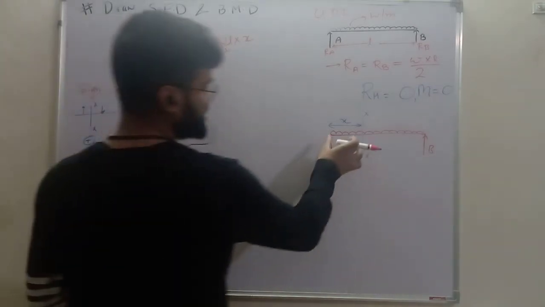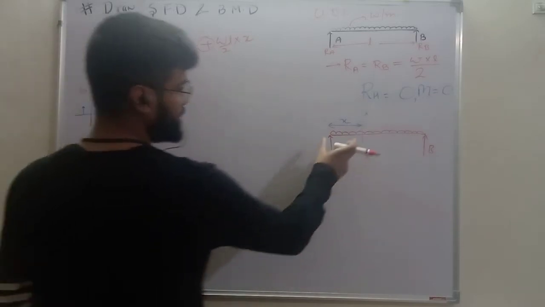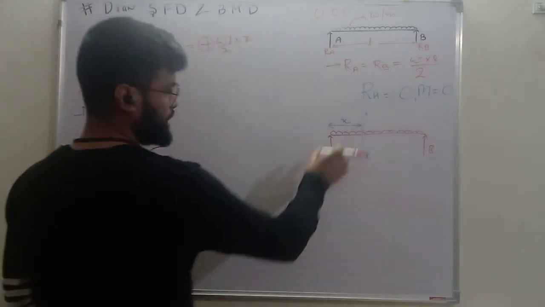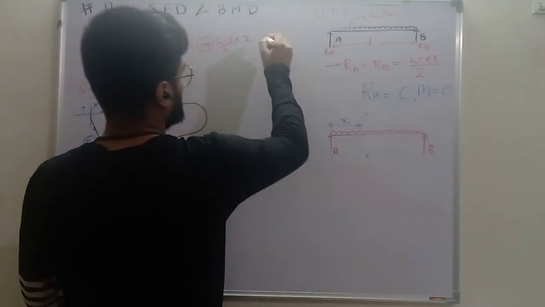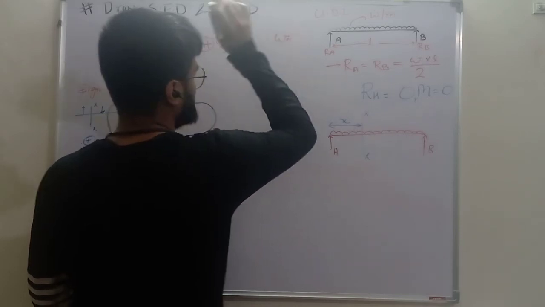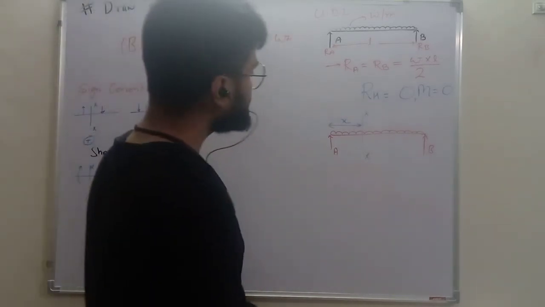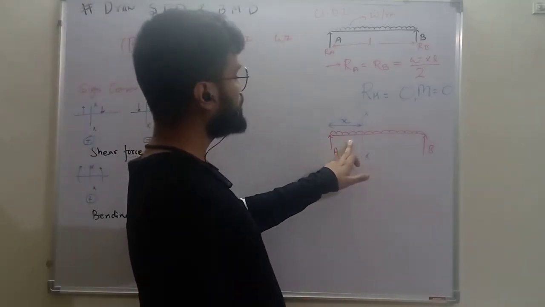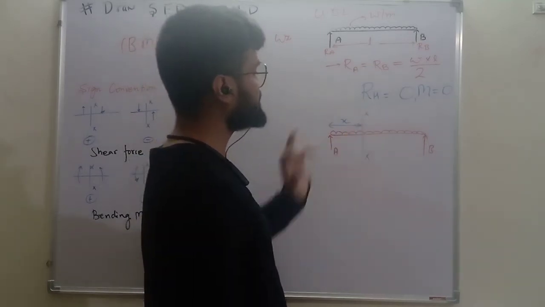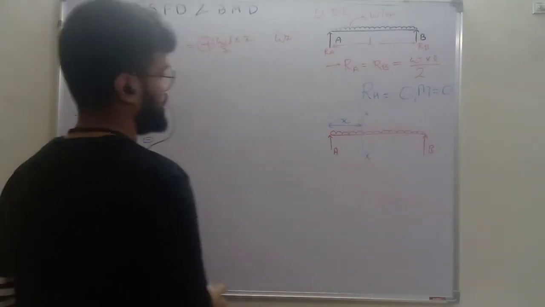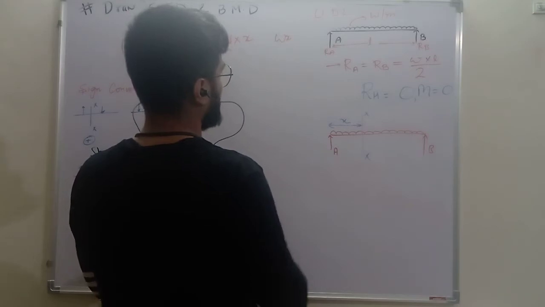Okay. Now, what is the total load here from A to section XX? It is W into X. W into X is the total load. And what is the distance of the CG of that load from the section? It will be X by 2.